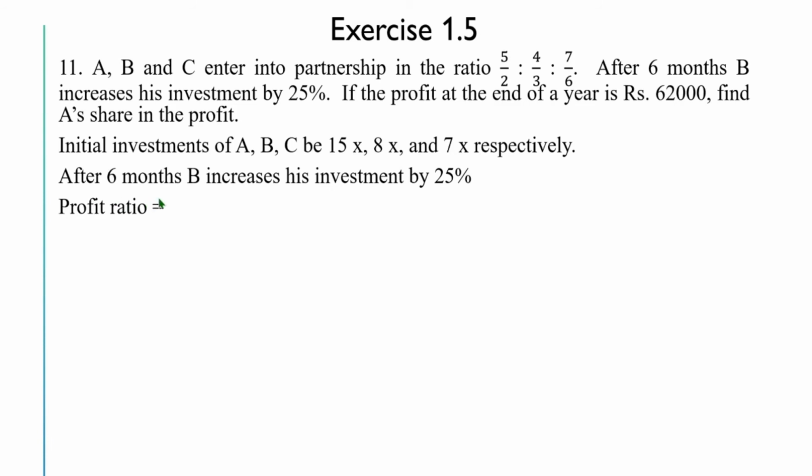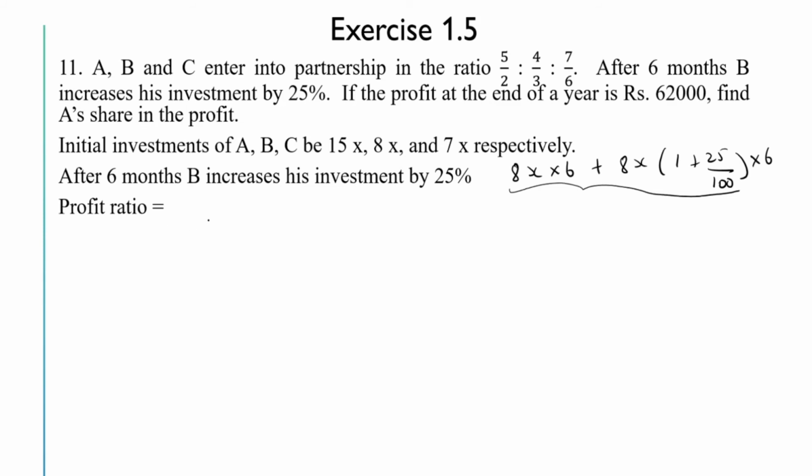After 6 months, B increases his investment by 25%. So for 6 months, B's investment was 8x, and after 6 months, he increases it by 25%, that is 8x into (1 plus 25/100) into 6. So while calculating the profit ratio, we have to take this quantity.